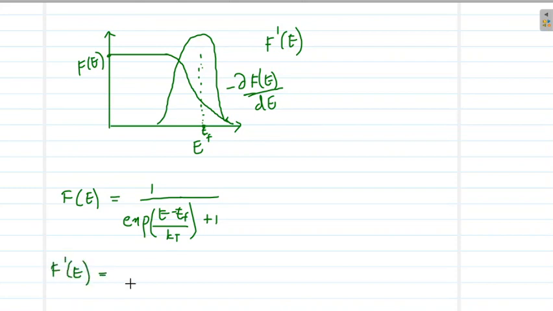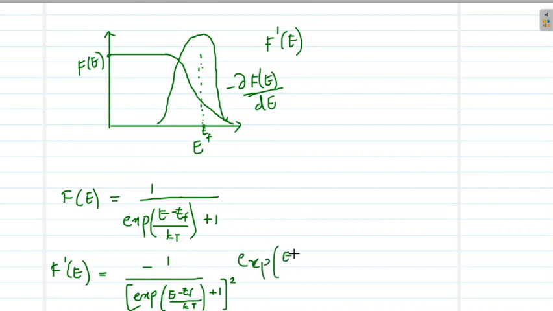F dash of e will be minus 1 by exponential e minus ef by kt plus 1 the whole square into exponential e minus ef by kt into 1 by kt.